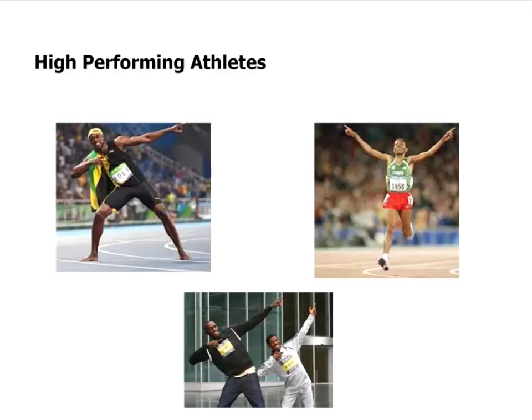But look at him next to another man like Haile Gebrselassie, whose speciality is the 10,000 meter. So obviously he's more of a long distance runner, and when you look at his physique, he's a far smaller, leaner man.